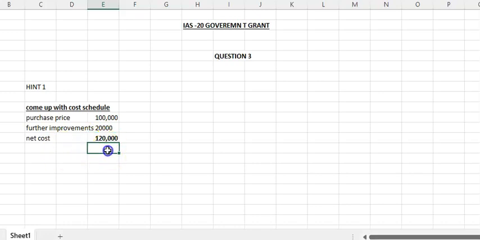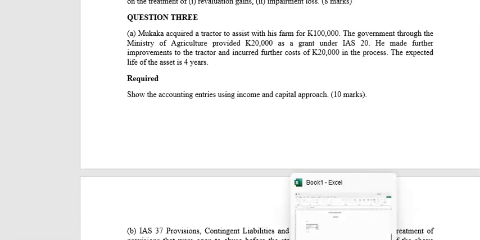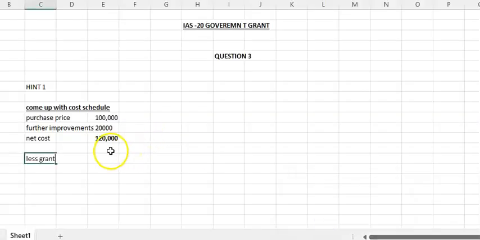Now that we have this cost as 120,000, we need to remove the grant. How much was the grant? The grant was given by the Ministry of Agriculture as 20,000. This 120,000 was the full cost, not the net cost.